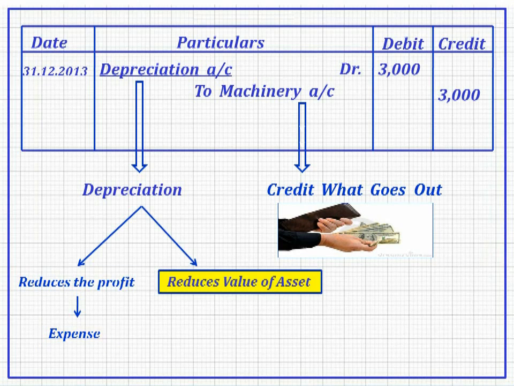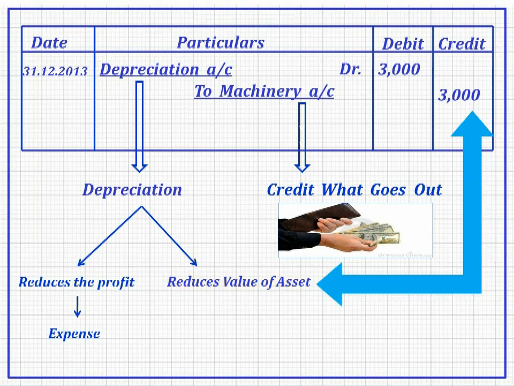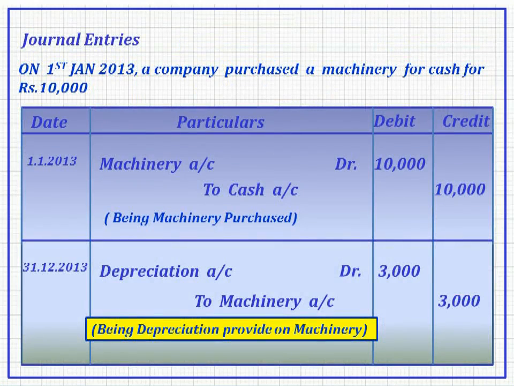And on another side, it reduces the value of our asset, because 3000 depreciation has been provided on the machinery. It means today we have lost the value of machinery by rupees 3000. So that's why machinery account has been credited. So what will be the narration? Being depreciation provided on machinery.